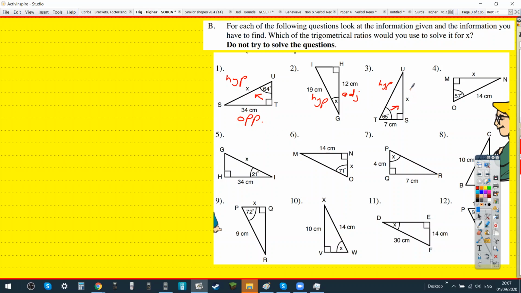US. Yeah, so that's the opposite. It's opposite the angle. And so this 7 down here, that 7 is the adjacent. Well done. And we'll do 4 last. This will be the last one. How about this?